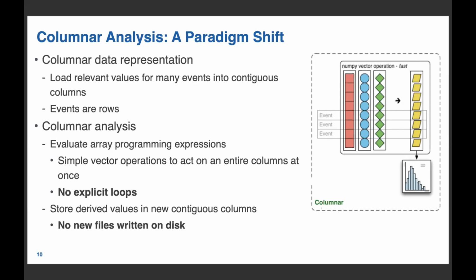What you can do then is store the resulting values in contiguous columns. It's like you are adding additional columns to the original table, that is the columnar representation of your high energy physics data. In this case, you can handle the problem of duplicating data and writing intermediate output on disk. No new files are going to be written.